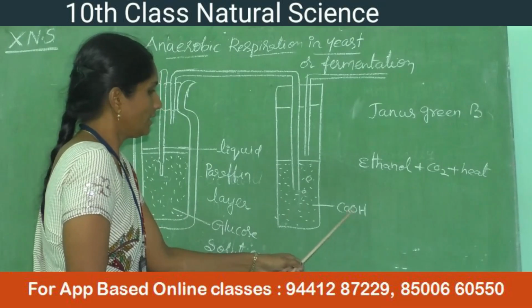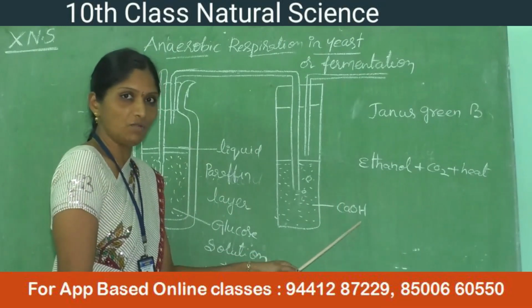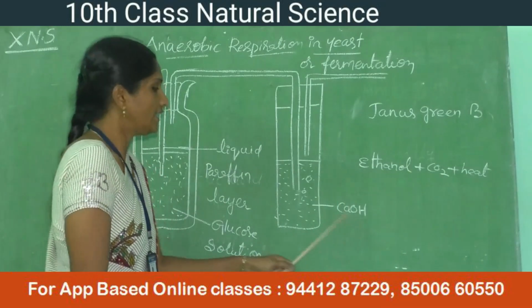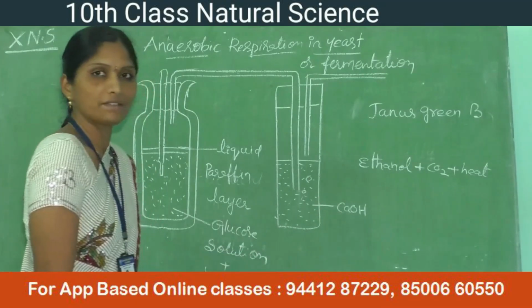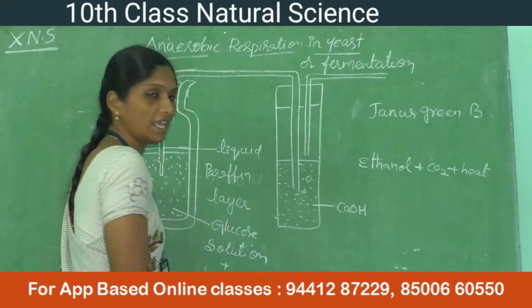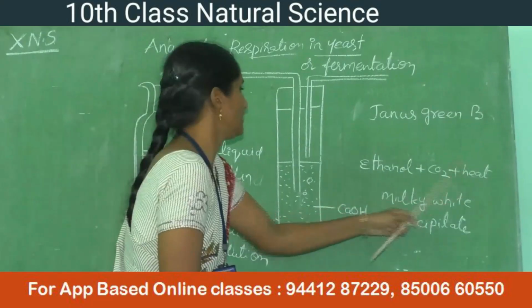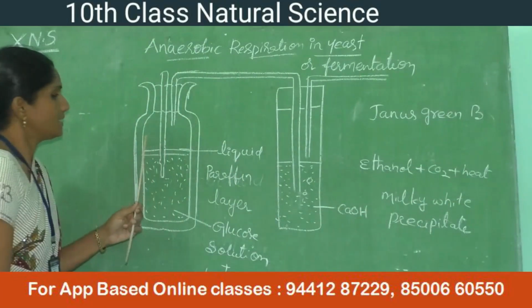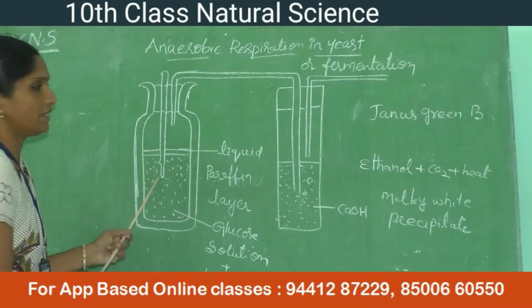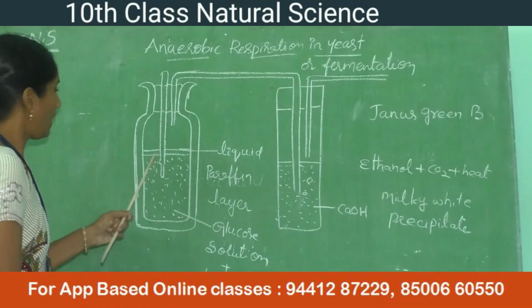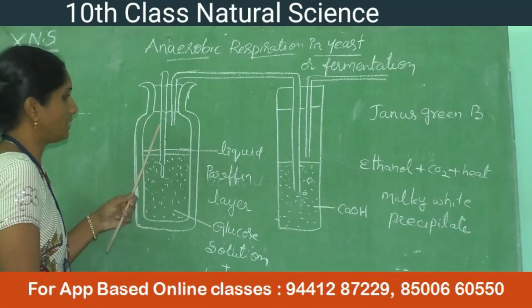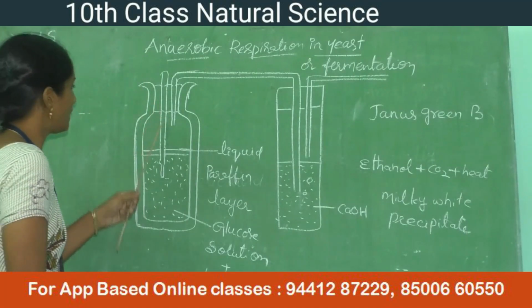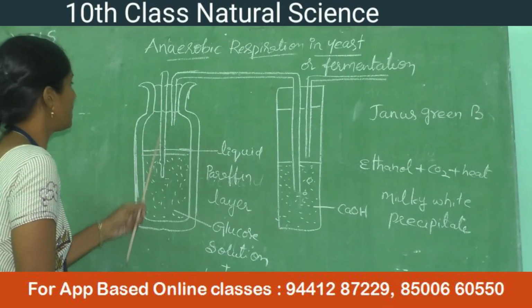Lime water reacts with CO2, carbon dioxide, and turns into calcium carbonate, CaCO3. Heat is also released. I have set a thermometer here, and hour by hour the temperature rises and we record the measurement.